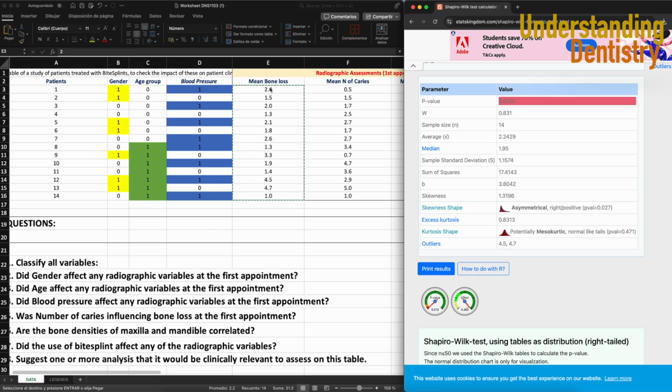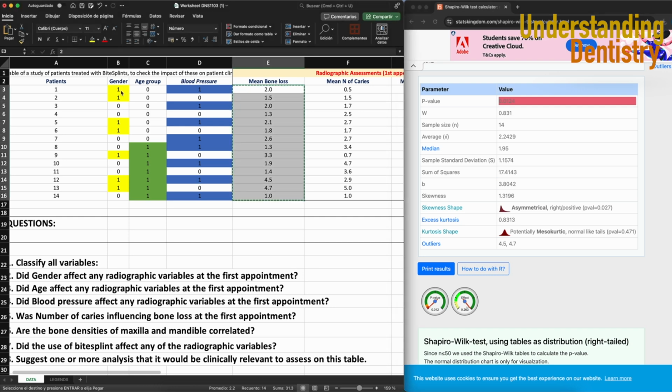Okay, that's not normal. So which test should I use to compare the gender for this variable, for mean bone loss? And of course, we are talking about the Mann-Whitney, right? Because it's not dependent in this case, because they are different people. The two groups don't contain the same individuals.